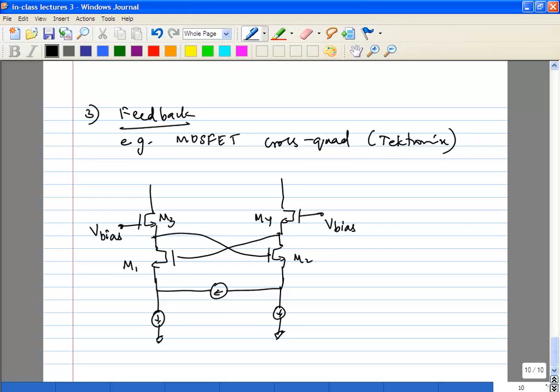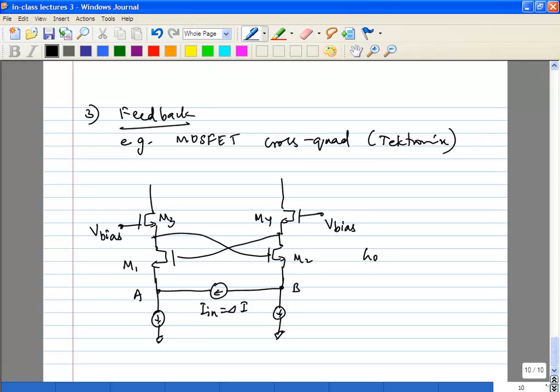You're going to cross couple M1 and M2 in this way. So let's say the input current is some signal current delta I.